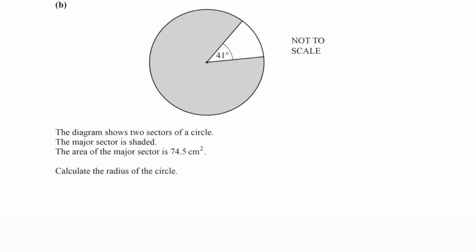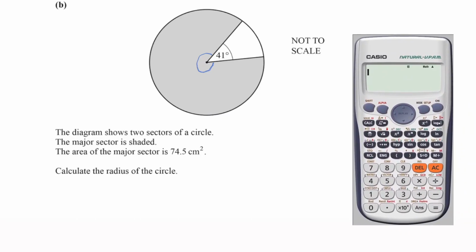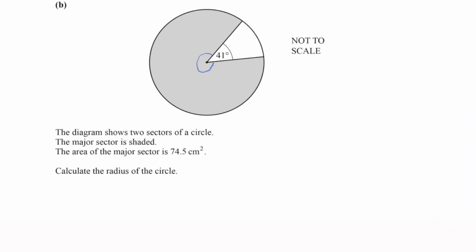So what will be the angle of this one? We are given the area of the major sector, so what is the angle of that? Let's pull out our calculator. The total angle is 360, so 360 minus 41 gives you 319. So 319 will be the angle of this one.